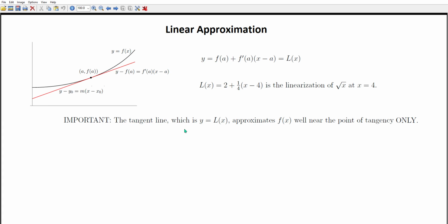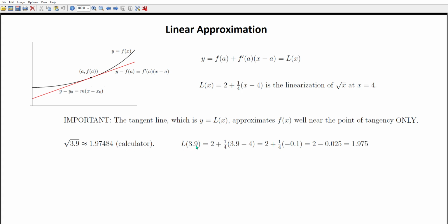It's important to note that this approximation is good near the point of tangency, but not very good elsewhere. So for example, if we look at the square root of 3.9 and use a calculator, we get this number.